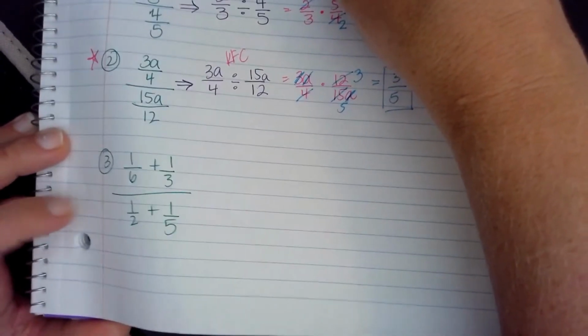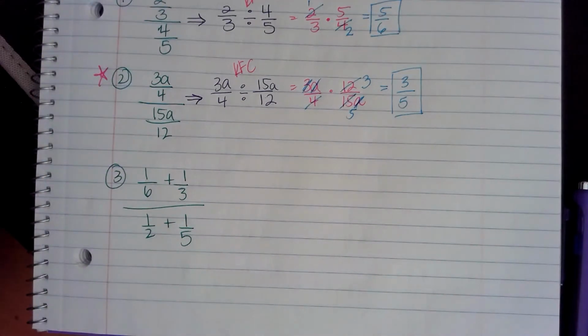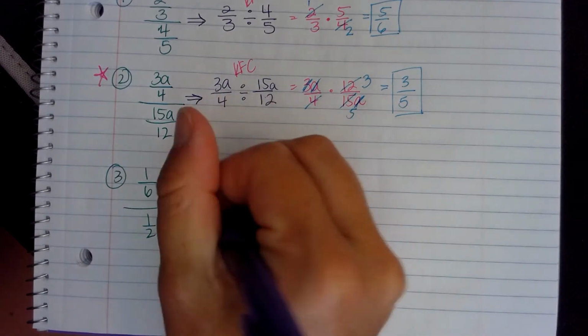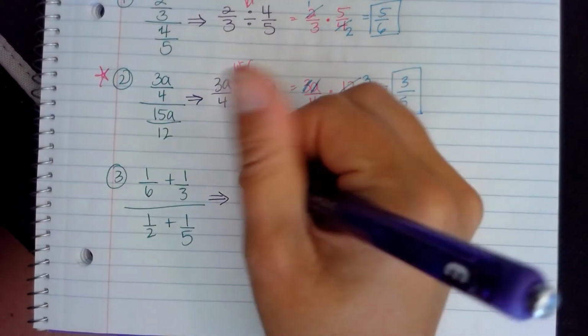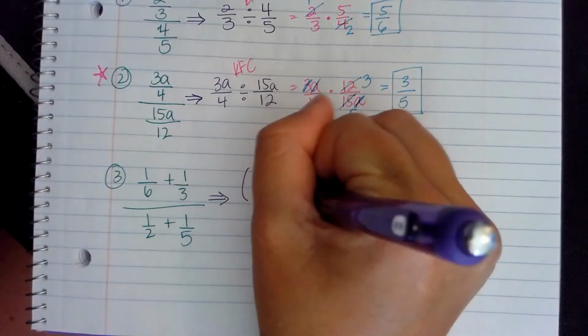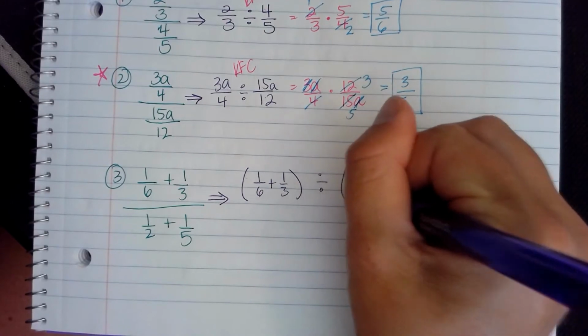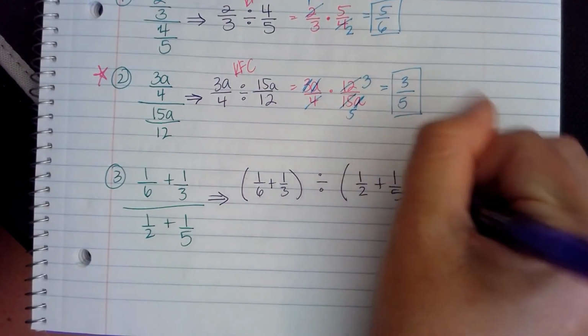All right, number 3. Number 3 obviously looks a little bit more complicated. And it's going to kind of look like the last problem that we did at the top of the paper, okay? So when we rewrite this one, we're going to have 1/6 plus 1/3 divided by 1/2 plus 1/5.